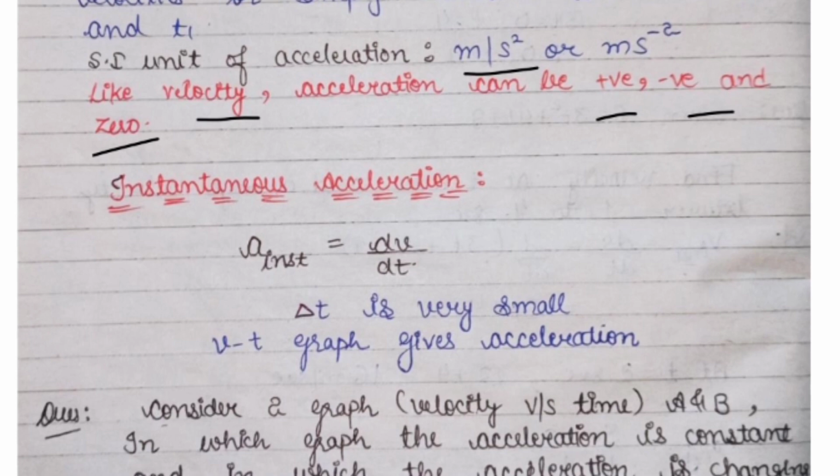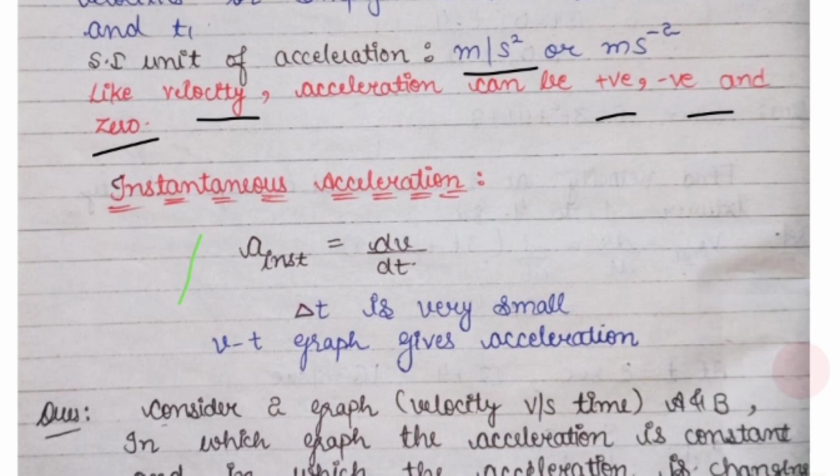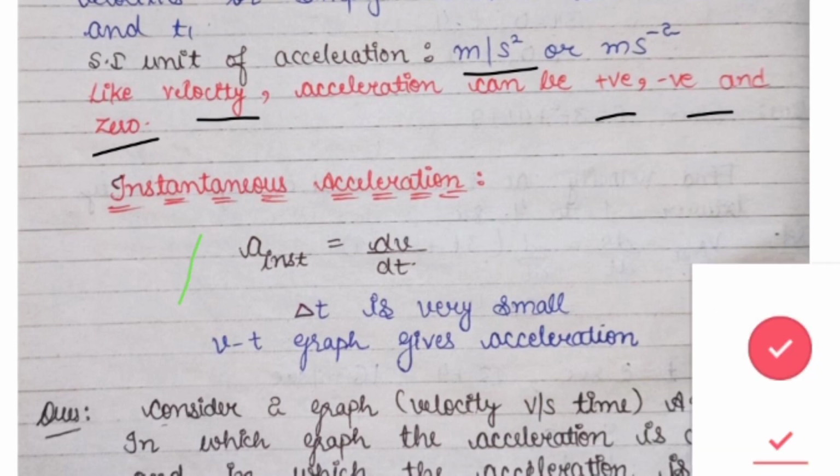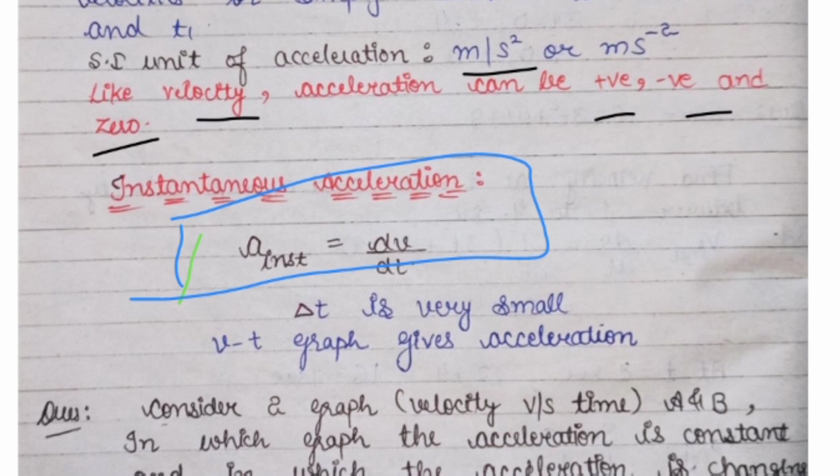We will represent it as a instantaneous equals dv upon dt. Means differentiation of the velocity. What is velocity? Rate of change of position with respect to time.